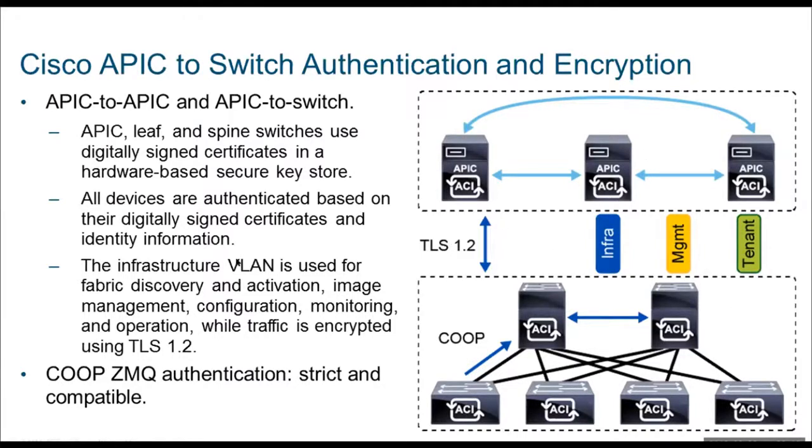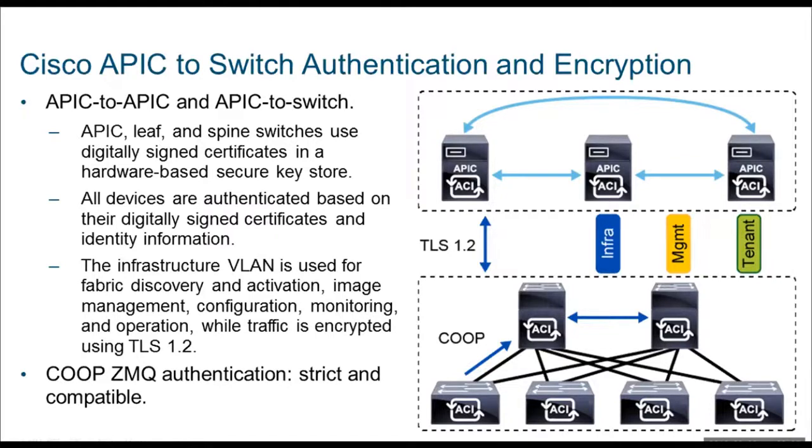Well, all communication, as I mentioned early on Monday, infrastructure VLAN. Initial communication, as always, APIC to switch is performed over the IFN channel, which is in-band over the infrastructure VLAN on the switch. By default, that VLAN is closed in every device. It will only be opened after the device has been authenticated by the APIC.